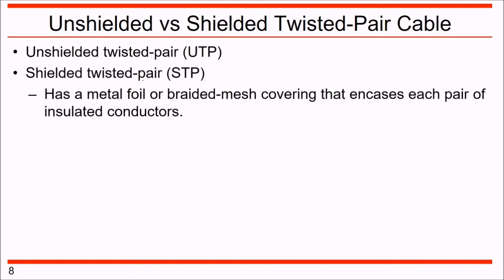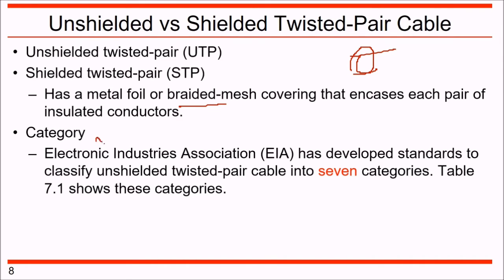Shielded twisted pair has a metal foil or braided mesh covering that encases each pair of insulated conductors.